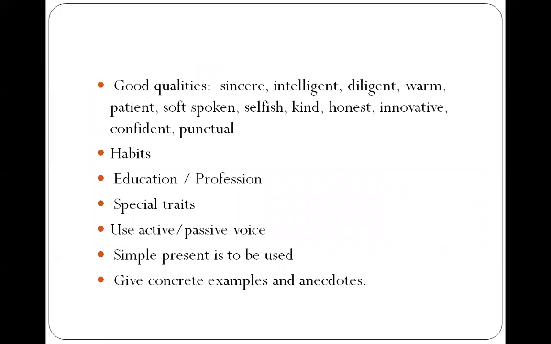Then you can also talk about good qualities. You can add these words: sincere, intelligent, diligent, warm, patient, soft spoken, selfish, kind, honest, innovative, confident, punctual. But it is always suggested that you avoid talking negatively about the person. So you should not include a word like selfish, as it is written here.